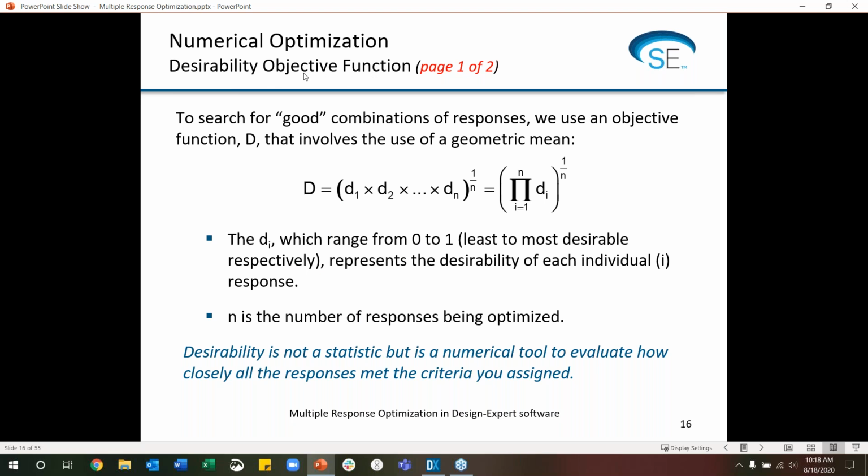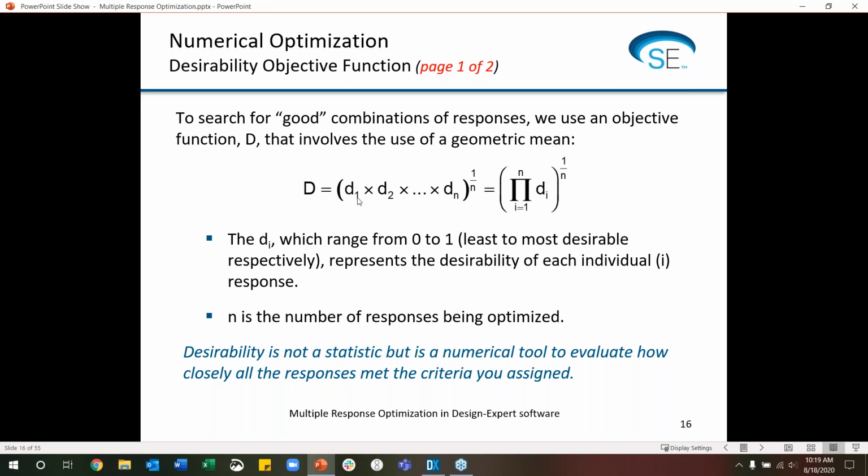Desirability is a mathematical function that allows us to search for good combinations of responses. And it is a geometric mean rather than an arithmetic mean. So a geometric mean looks like this, where we have the big desirability for the overall solution equals individual desirabilities for each response.